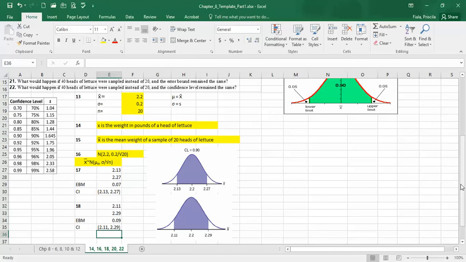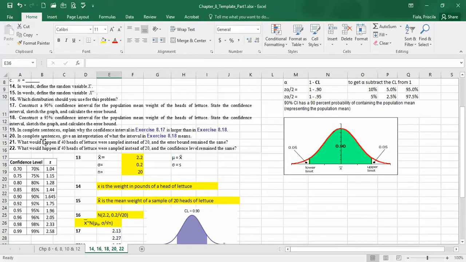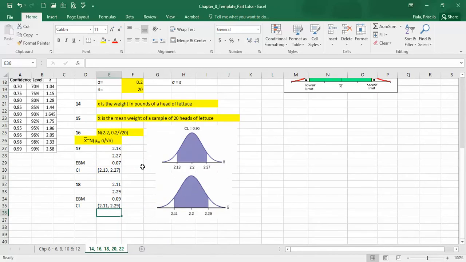One thing I noticed is that the next question is incorrect. It says, explain why the confidence interval in 17 is larger than the one in 18. Actually, that question is incorrect. What they are trying to say is, if you do this interval here, 2.27 minus 2.13, you have 14 points in between right here.